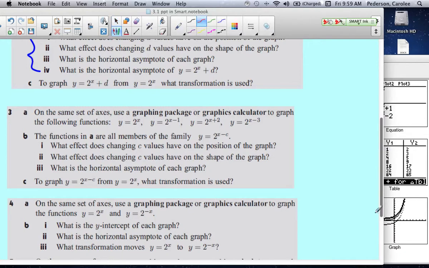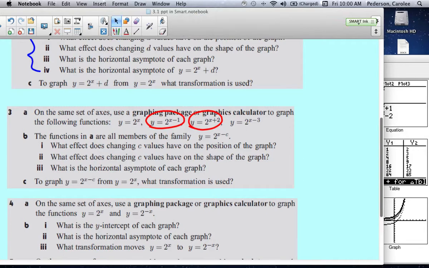Same parent function again, but now notice the difference. It's now in the power. Let's just do 2 of those: 2 raised to the x minus 1 and 2 raised to the x plus 2. What happens when they go minus 1 and plus 2?